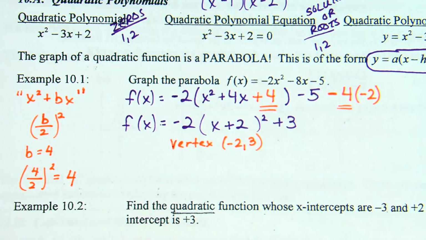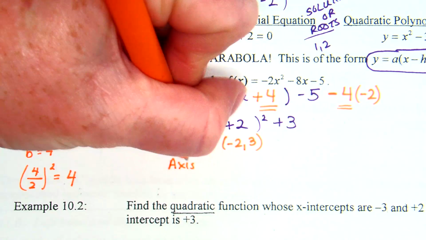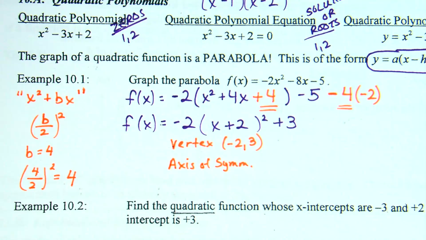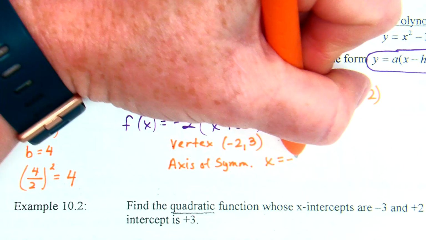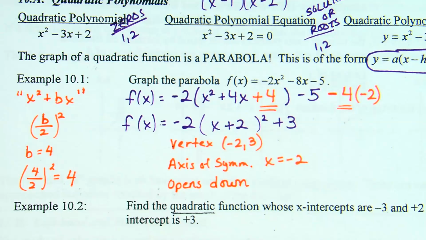If my vertex is negative 2, 3, what is my axis of symmetry? Officially, I should say x equals negative 2, because it's an equation of a line. And we've already talked about this, the fact that this opens where? It opens down, because that a value out front is negative.